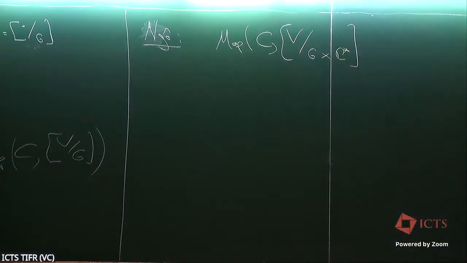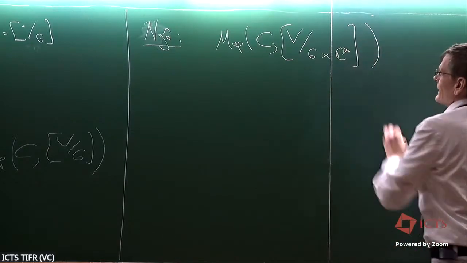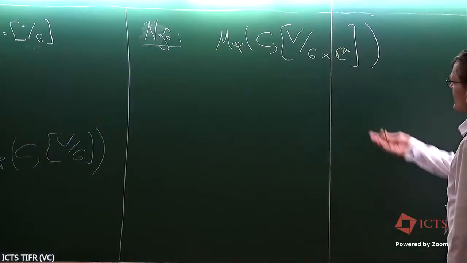Usually, if at some point I write GM, then think C star. I try to force myself to write C star for today. So if I look at this, well, what's this?